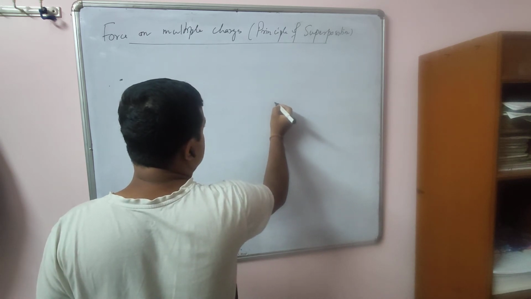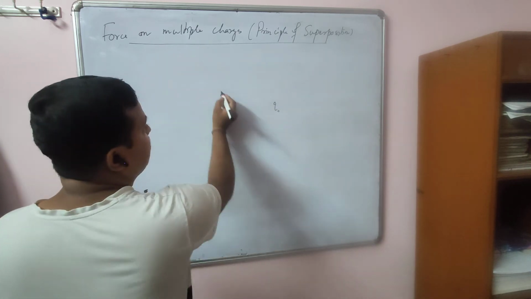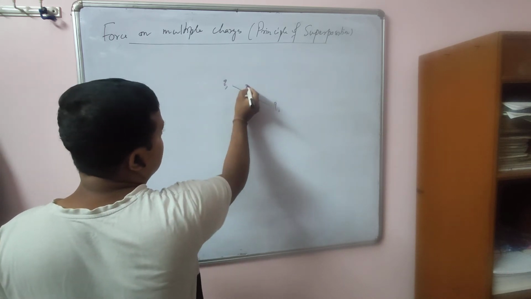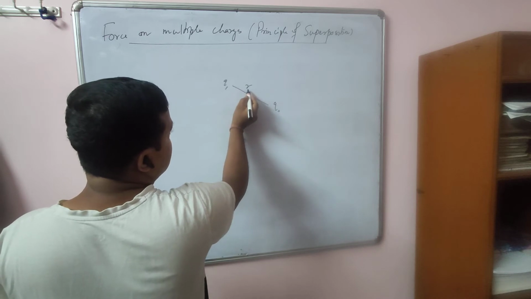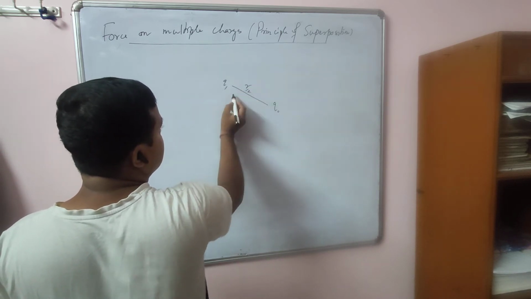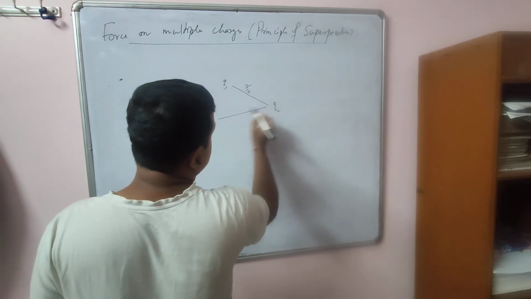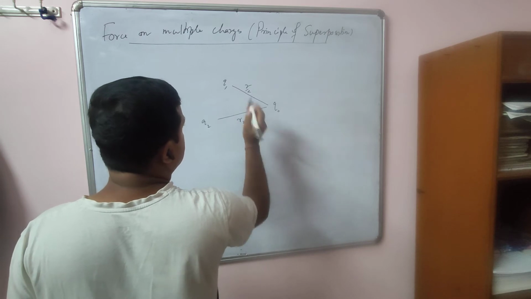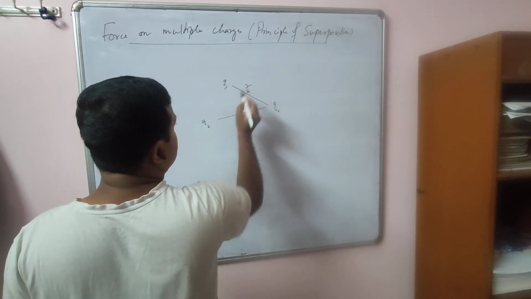Suppose here we have a charge, say Q0. Now here a charge, suppose Q1, at a distance say R10. Another charge Q2 here, at distance R20.